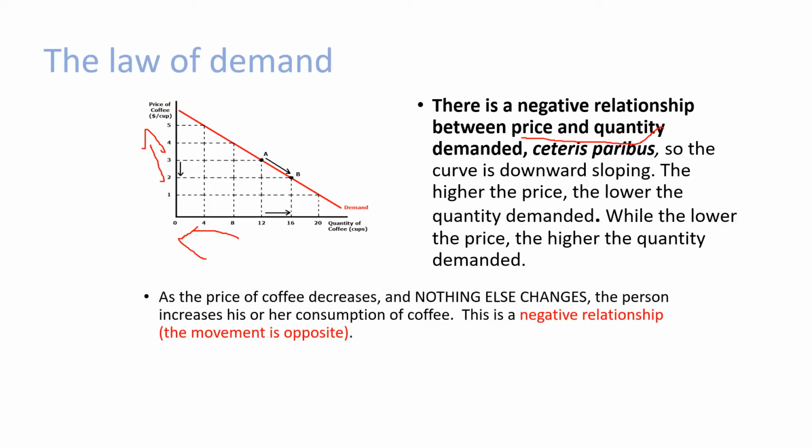As the price of coffee decreases and nothing else changes, which is ceteris paribus, the person increases his or her consumption of coffee. The lower the price, the more coffee you are able to buy. For example, if you go to Starbucks and want a coffee, usually it costs you 1.7 BD.